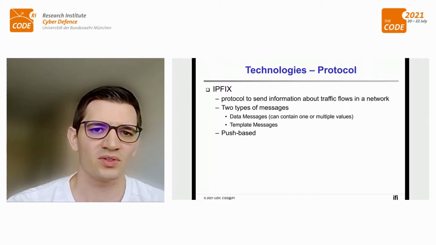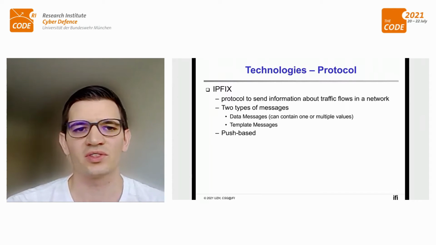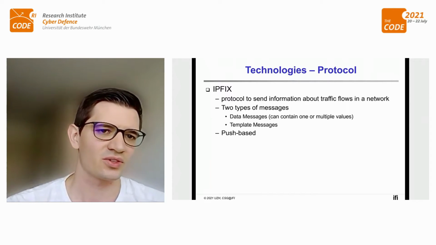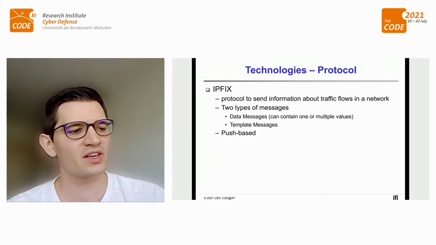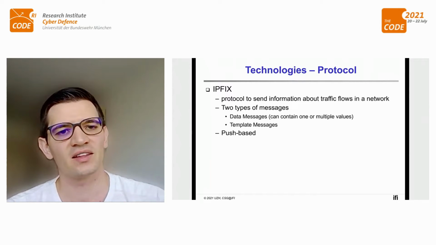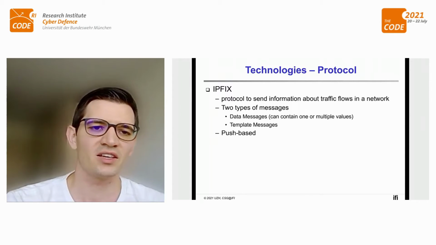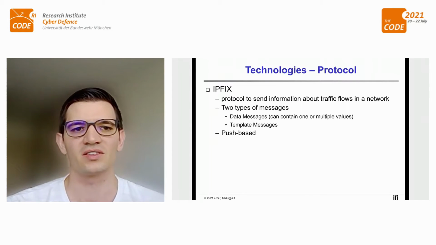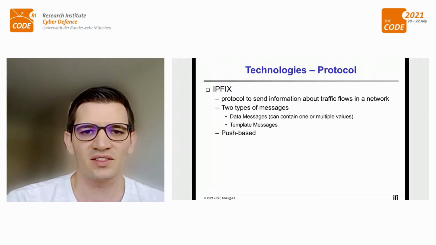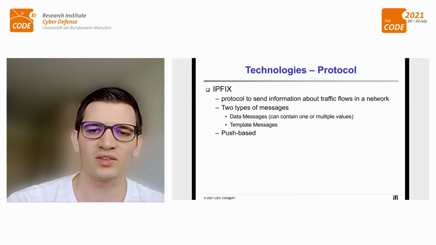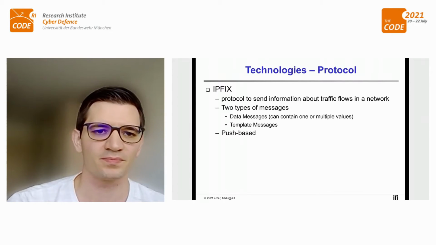IPFIX is a protocol to send information about traffic flow in a network. The special thing about IPFIX is that it knows two types of messages. There are data messages and template messages. Data messages can contain one or multiple values.